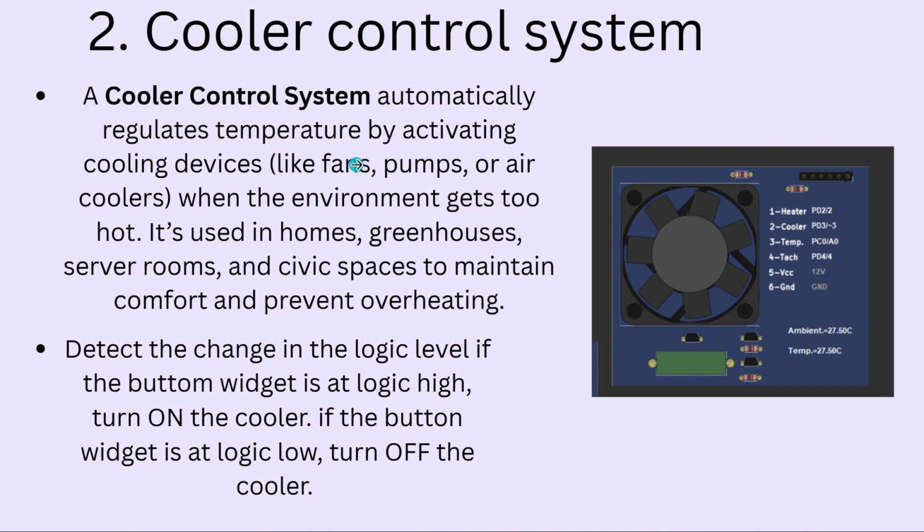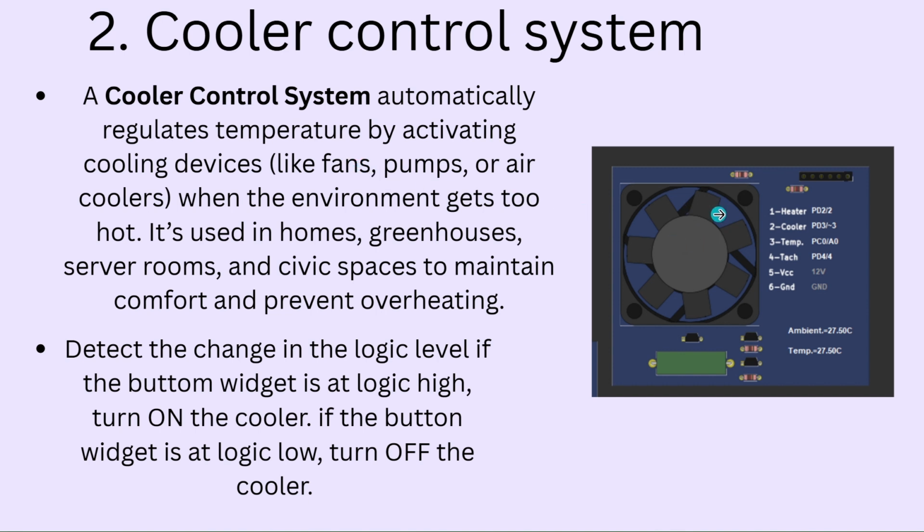Second is a cooler control system. A cooler control system automatically regulates temperature by activating cooling devices like fans, pumps, and air coolers when an environment gets too hot. It is used in homes, greenhouses, and server rooms.